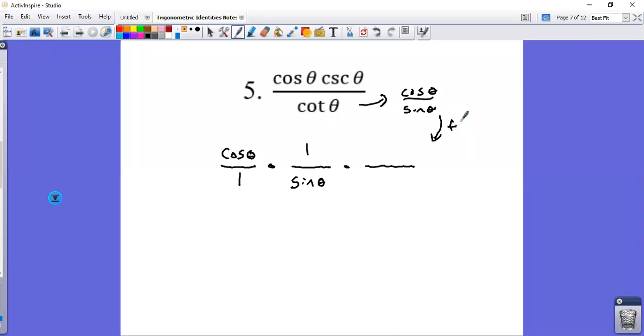But then, since it's in the denominator, I'm going to flip it over. So I'm going to multiply by sine over cosine. I have a sine on top and bottom, cosine on top and bottom. I have nothing left but this equals 1. So sometimes it will just come out to a 1, just a constant number, no trig at all. Maybe it'll come out to -1, maybe it'll come out to 0.